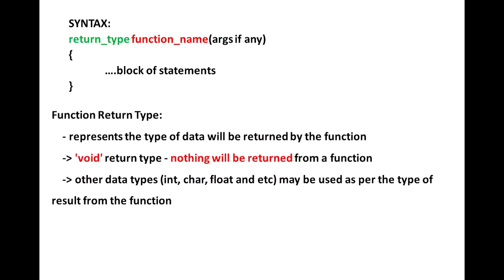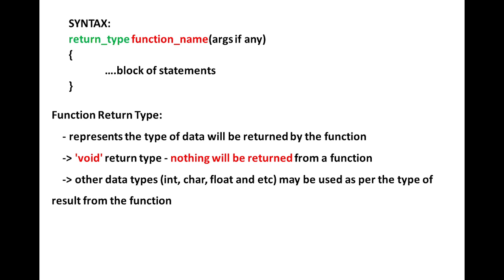So here you can find the meaning of return type. The return type represents the kind of response or data that will be returned by the function. You can choose the return type of the data based on the functionality of the module.